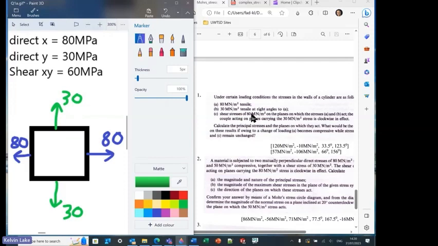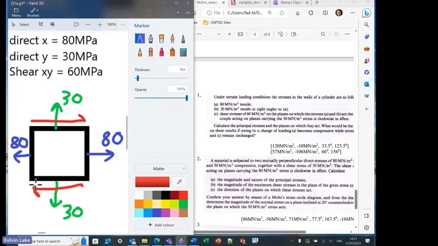Shear stresses of 60 megapascals on the planes on which the stresses A and B act. The couple acting on the planes carrying the 30 megapascal stress is clockwise in effect. So if I draw those on the 30 megapascal plane clockwise, trying to rotate my element clockwise, they're going to be going in that direction, aren't they?